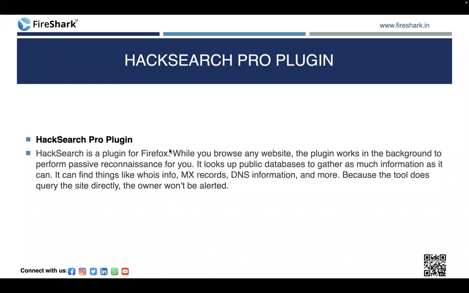Essentially, what is happening is you could enable this plugin on your Firefox, and when you browse a website, to the server it will look like you're genuinely browsing their website. How do websites get to know that you are running an exploit on their website or doing some brute force attack?